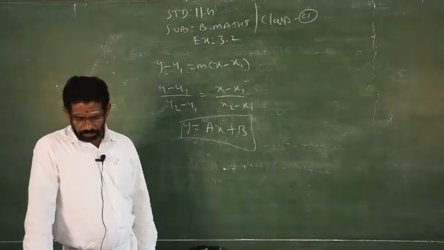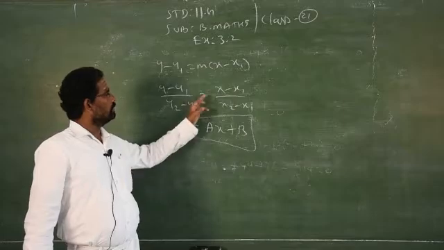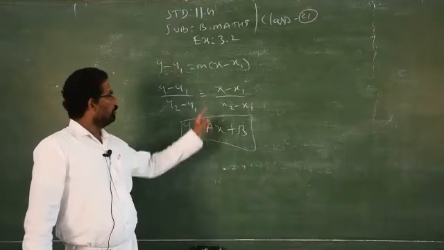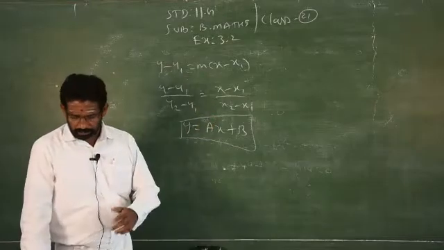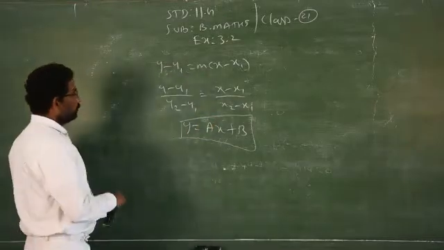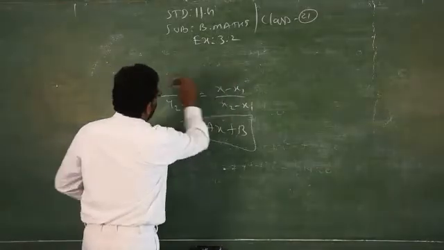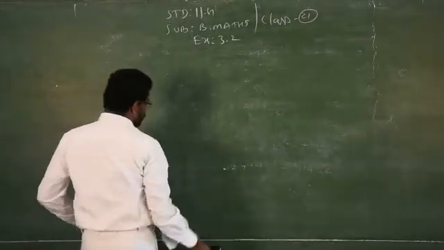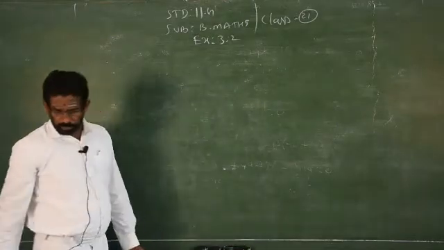So for sum number 5, you can use either the 2-point formula or the linear equation. Any one of these two formulas you can use, and you will get the answer. You have to take y as cost and x as number of units.